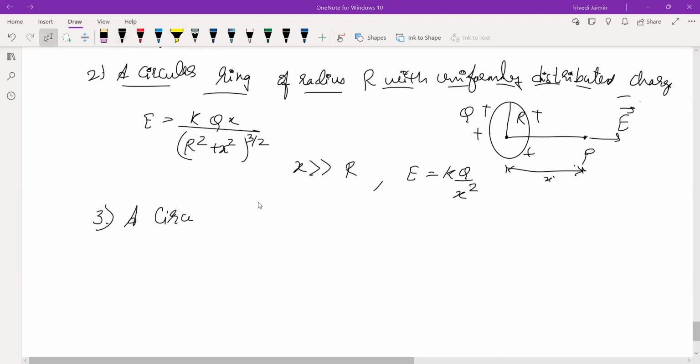Yeah, a circular disc of radius r, with uniformly distributed charge.